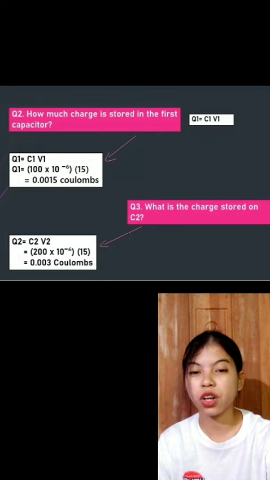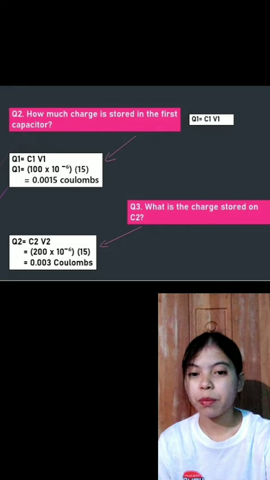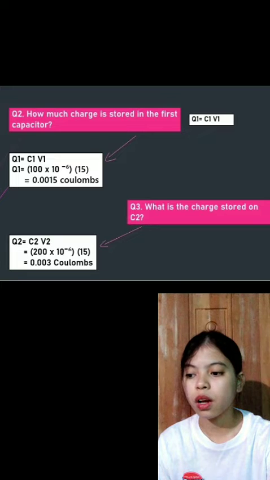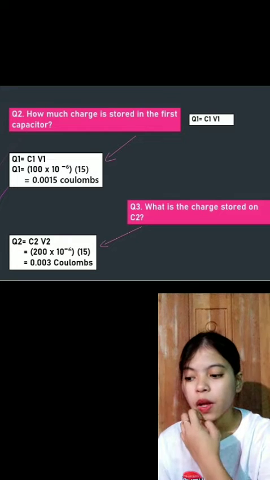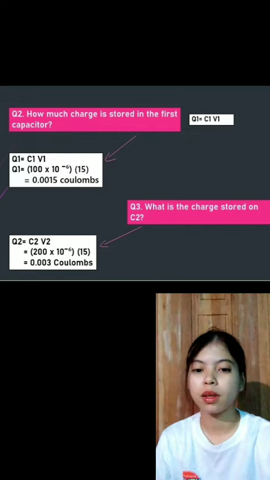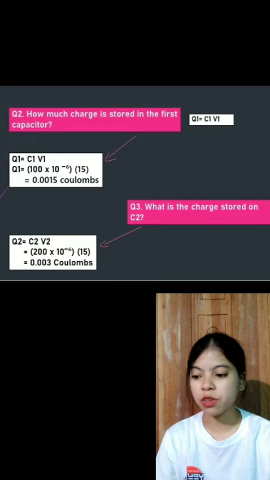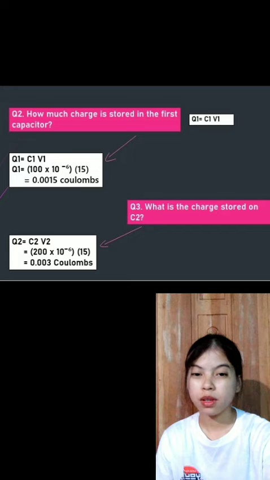And proceed to the third question. What is the charge stored on C2? Just like the first example, use this equation: Q2 equals C2 times V2, which equals 200 times 10 to the power of negative 6 times 15 volts, equals 0.003 coulombs.